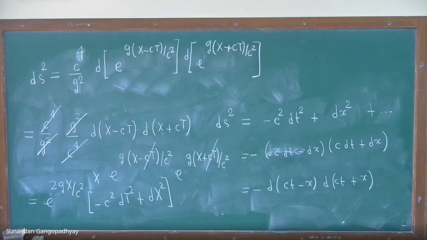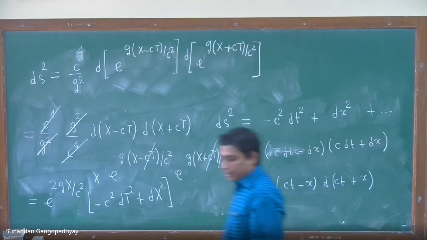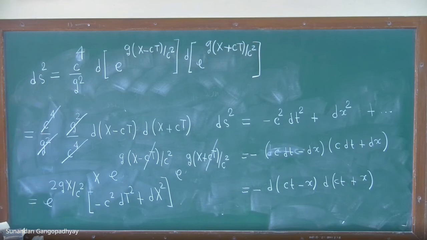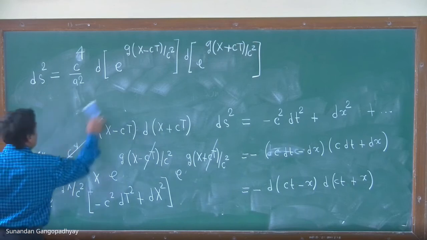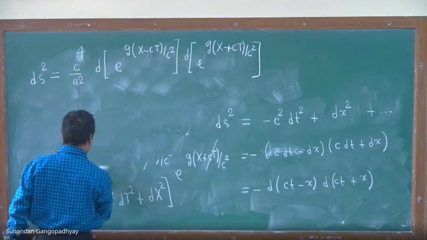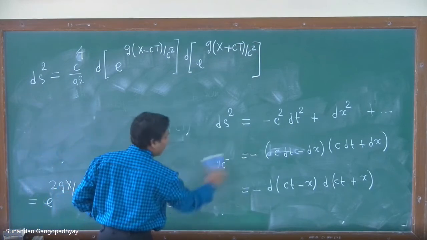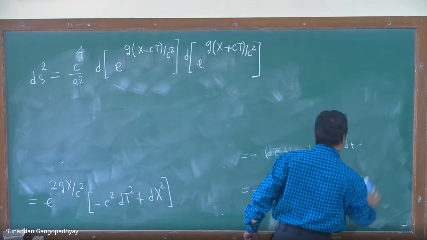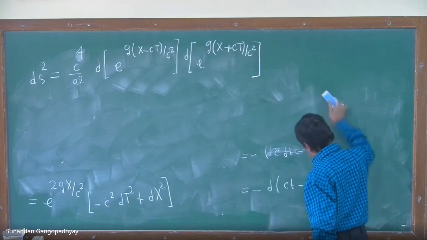You could have done it in a different way, but then you have to do a lot of algebra. But if you look at these combinations, then you get it immediately. Not much algebra, you get this result. So let me now write down this result, because this is a very important result that we have derived. We have to get to one more form, and that we can come to in a moment.